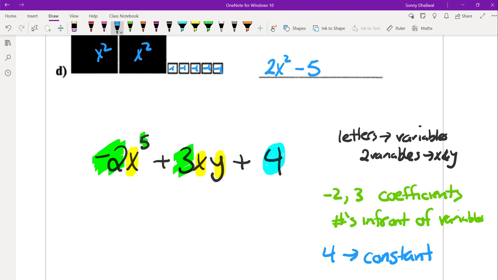You need to know what constants are. And on top of that, you need to know how to find a degree. You need to know what the names are. None of these things are very difficult, except there's lots of these little things. So it's easy to get confused amongst them all. So that's the tricky part of this chapter. All right?